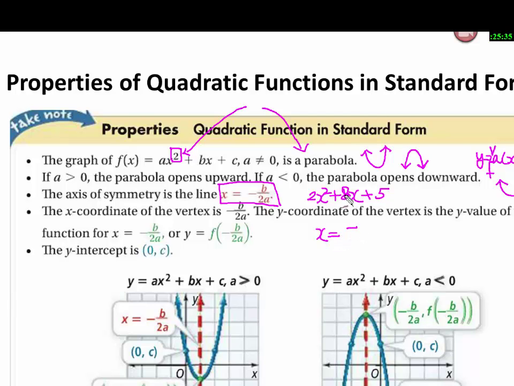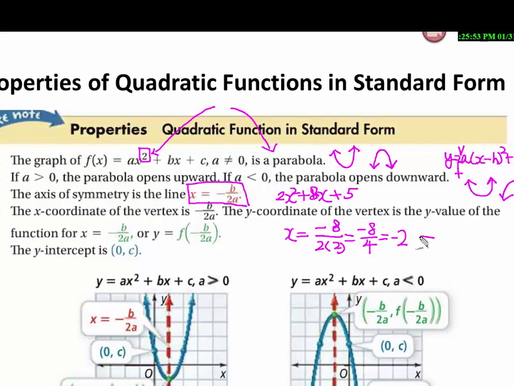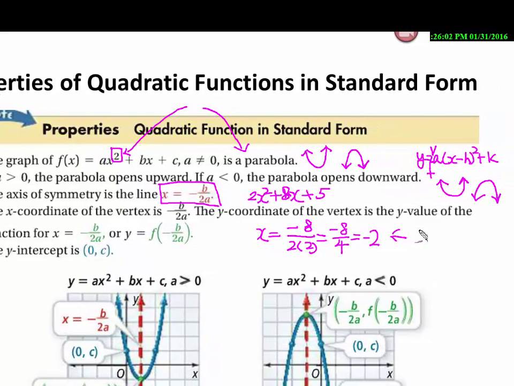In this case b is plus 8, so negative b is negative 8, over 2 times a, in this case 2, so we got negative 8 over 4, which is negative 2. So the axis of symmetry in this particular quadratic function is x equal to negative 2.